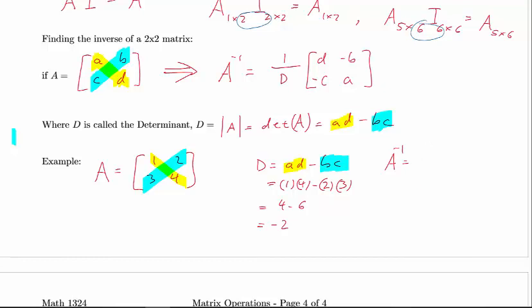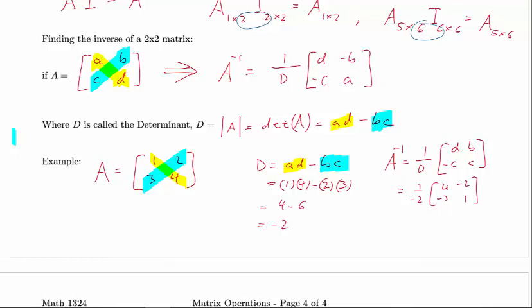Let me just write the formula out: 1 over D, times [d, -b; -c, a]. So 1 over negative 2, and then we just do all the rearrangements. And essentially that is our inverse matrix.